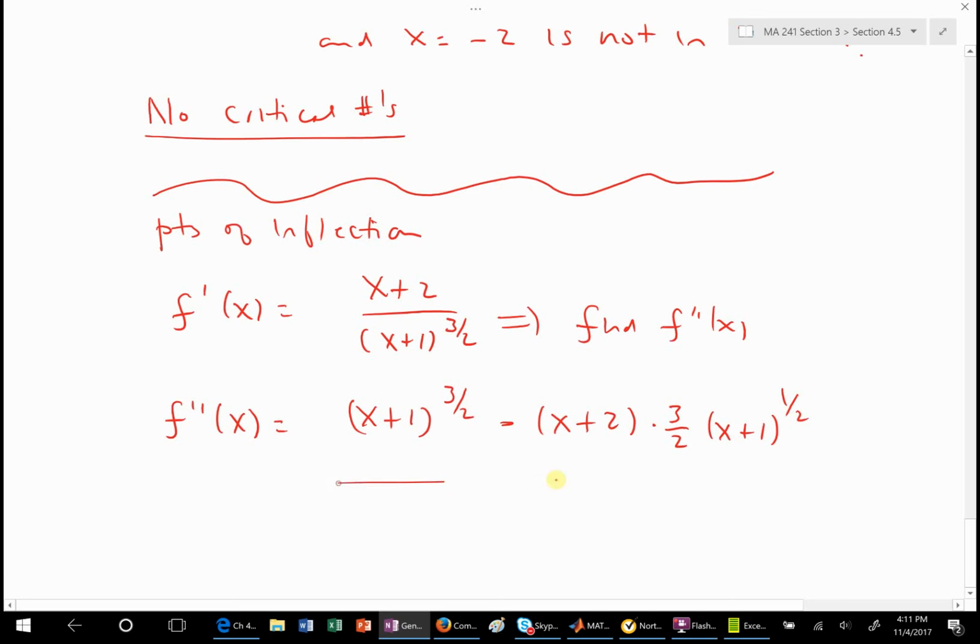The 1/2 all over x plus 1 cubed. Okay. And I'm going to have a hard time finding where that second derivative is equal to 0. That's what I'm trying to find out, the point of inflection, right?